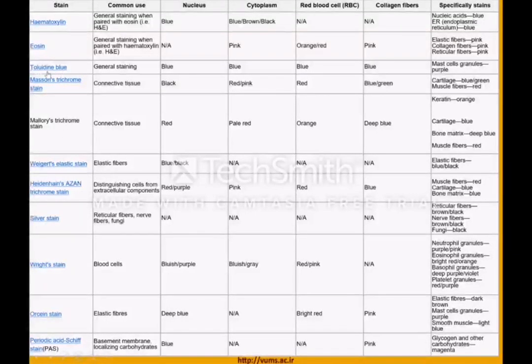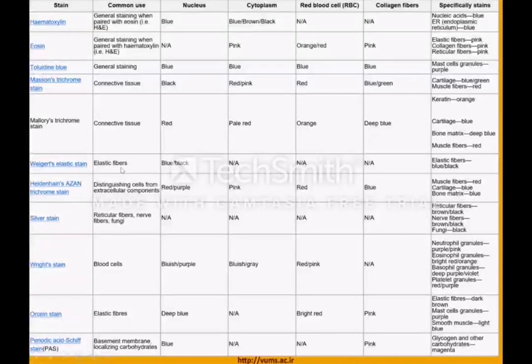For example, toluidine blue is another general stain that stains all structures of the cells blue, and is mostly used for fast staining or for mast cell granules. The Masson trichrome and Mallory trichrome stains are done for connective tissue, for staining the collagen fibers, and also for other structures as you see here.